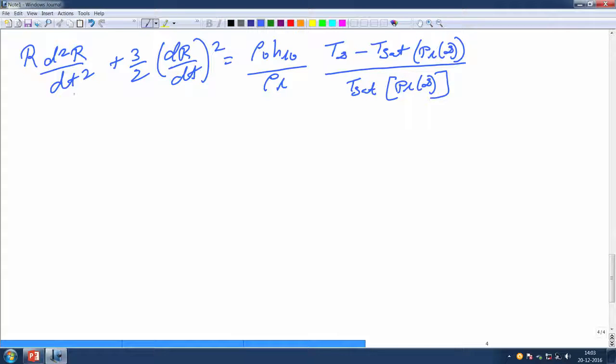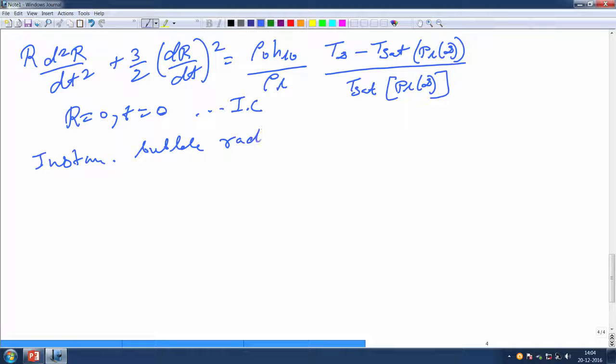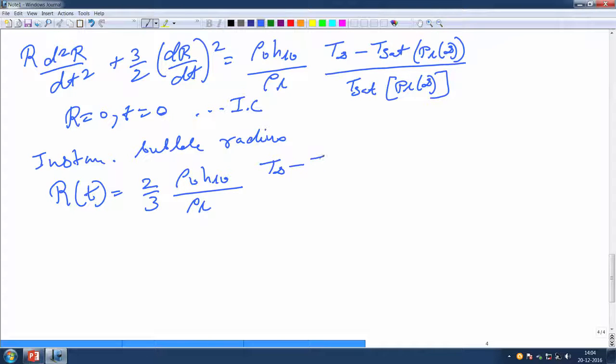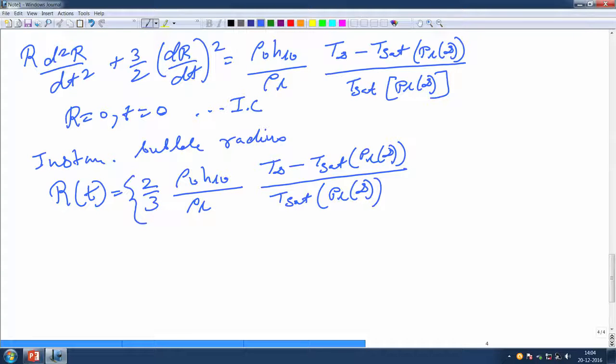Now, if you substitute the initial condition, that capital R is equal to 0 at t equal to 0, the instantaneous bubble radius becomes as shown.